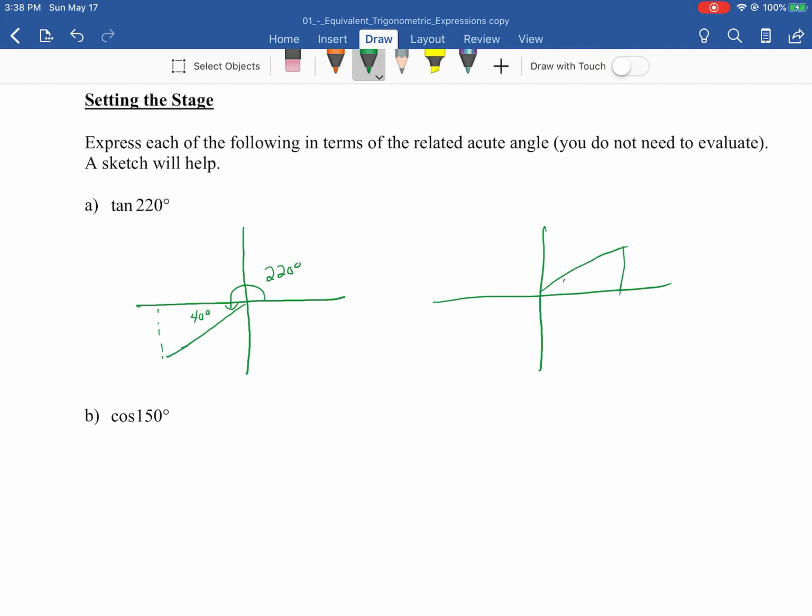That is, if I draw the angle 40 degrees, and I draw the angle 220 degrees, they will both result, and this is the most important sentence of the whole lesson, I think, they will both result in a triangle that has a 40-degree angle in it. What that means is, whatever the tan of 220 is, it will be the same as whatever the tan of 40 is.